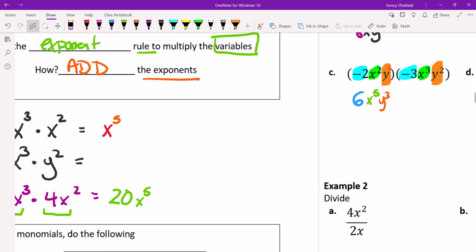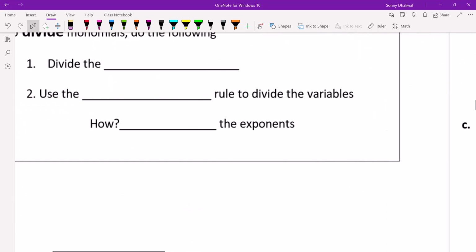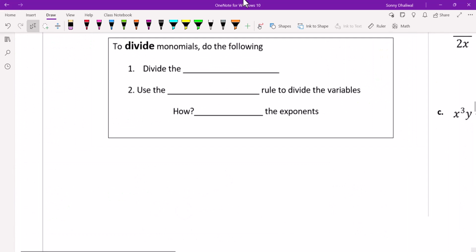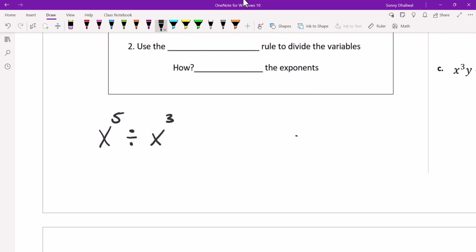The opposite of multiplying is dividing, which is very similar. So, dividing looked like this. If we have x⁵ divided by x³, or that can be written as x⁵ over x³, like this, whichever way you prefer to see it.